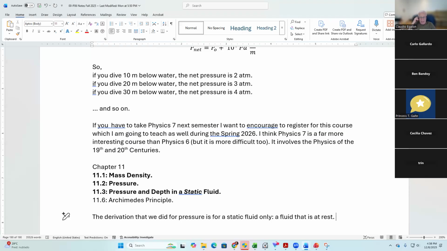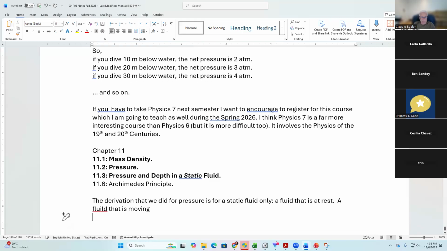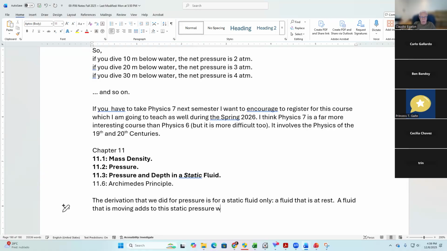There's a way to calculate that, but we're not going to get into that. That's what we call ram pressure, okay? A fluid that's moving adds to this static pressure, which is also called ram pressure.